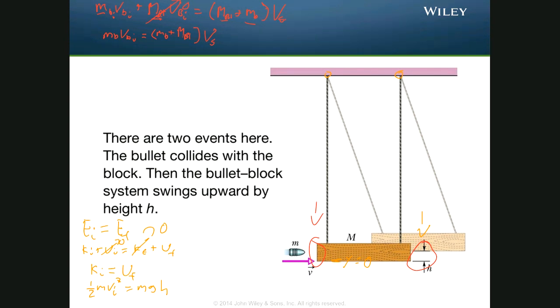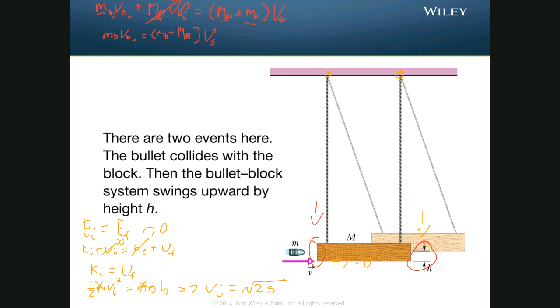This m is the system mass, but I get to be a little sloppy because these m's are going to cancel. And you'll notice that this implies that V initial equals the square root of 2gh, which is our common result.